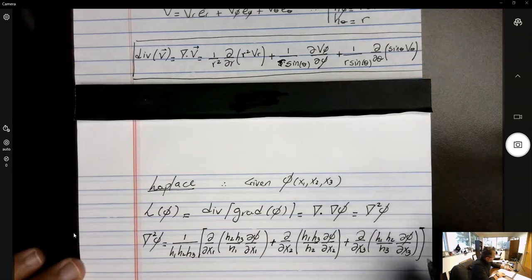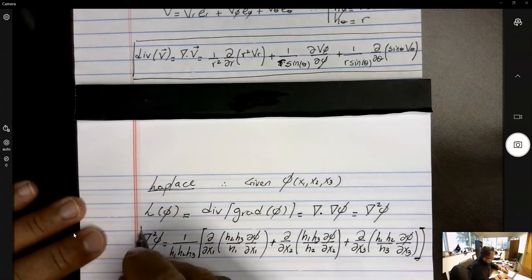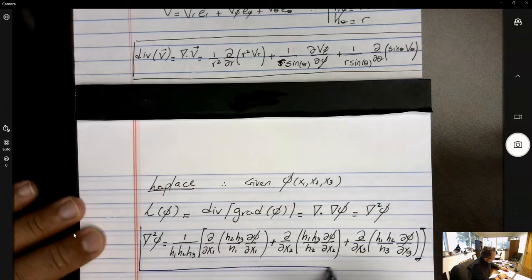Oops, this was a bracket. Okay. And that's how it goes.